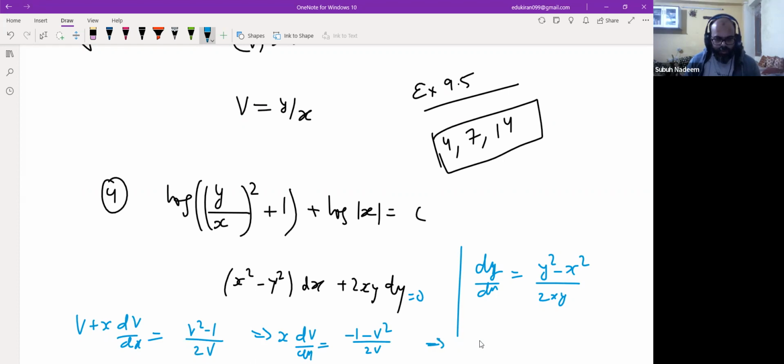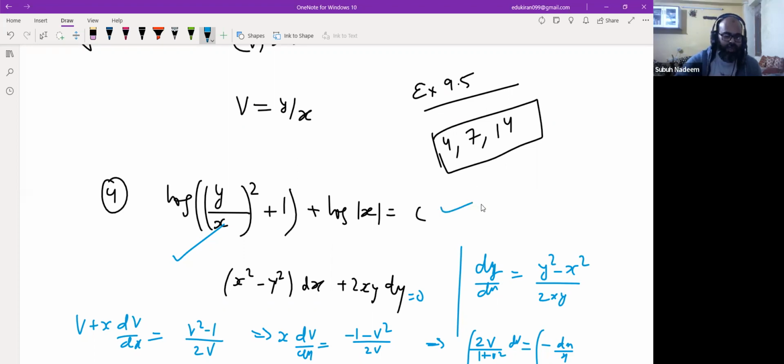When you integrate it, 2v by (1 plus v square) dv is equal to minus dx by x integration. So this will be log of 1 plus v square is equal to minus log of x, so it will become plus and go this side. Yeah, fine.